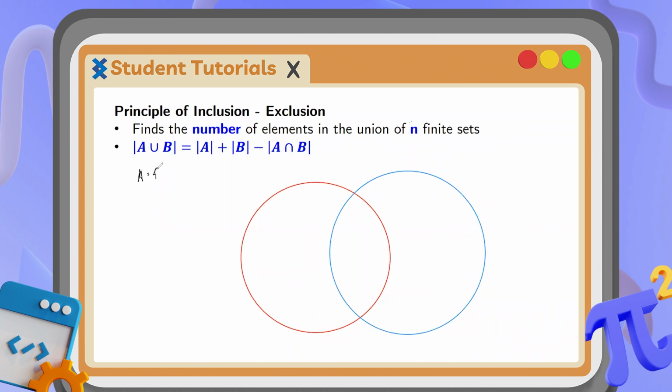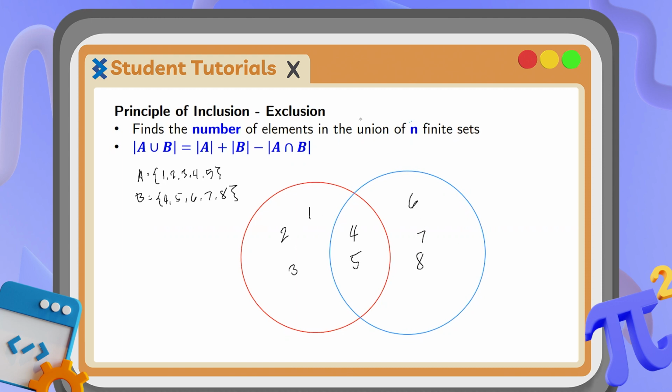Let's first define our elements, like the ones from the previous items a while ago. You have 1, 2, 3, 4, 5, then 4, 5, 6, 7, 8.